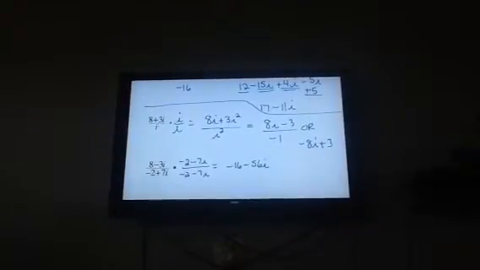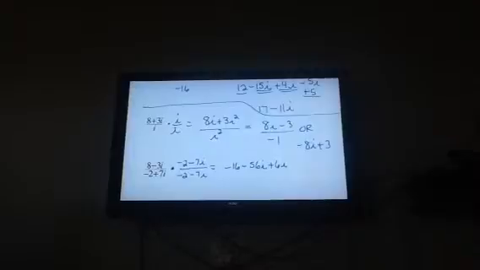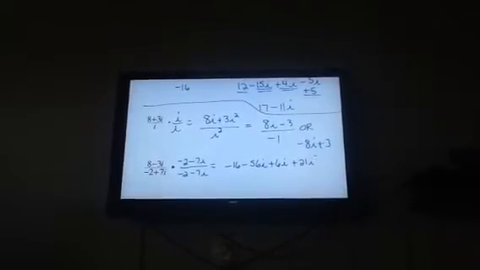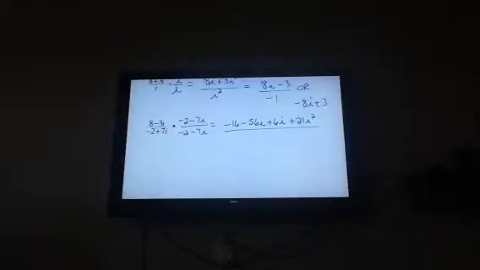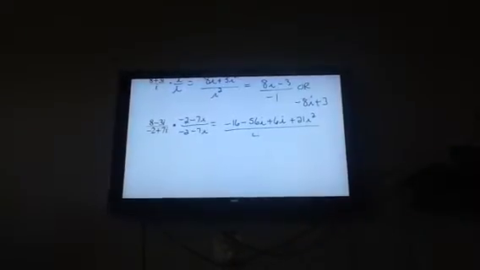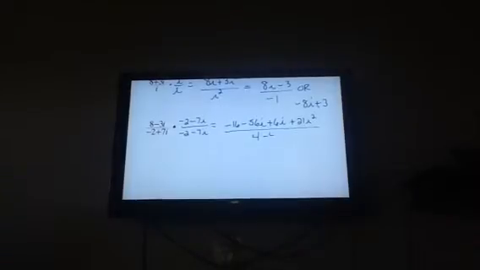Inner times inner, positive 6i. And last times last, positive 21i squared. Over, in my denominator, first times first, positive 4. And last times last, minus 49i squared.